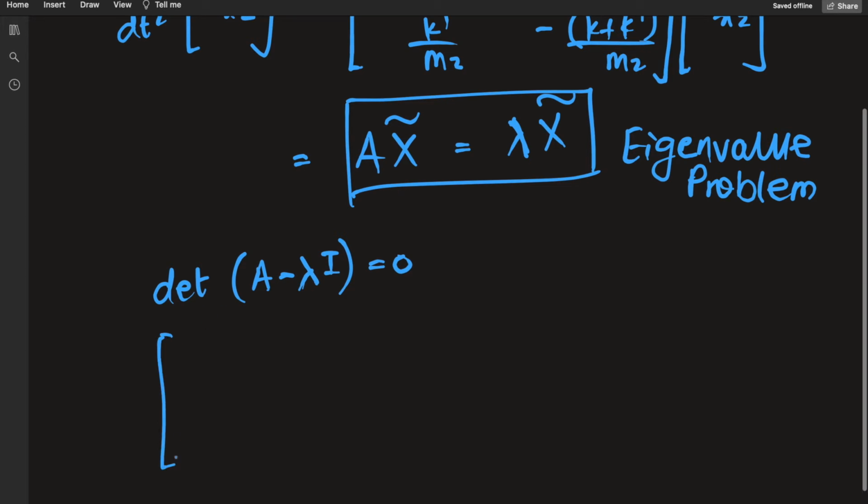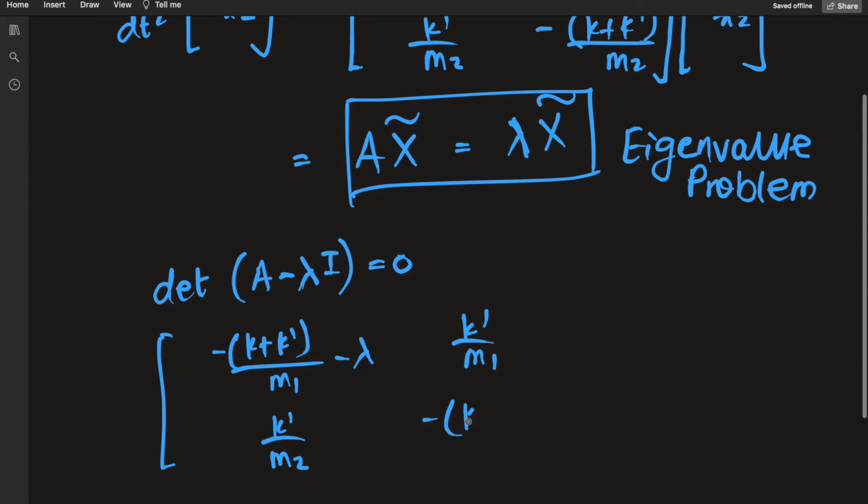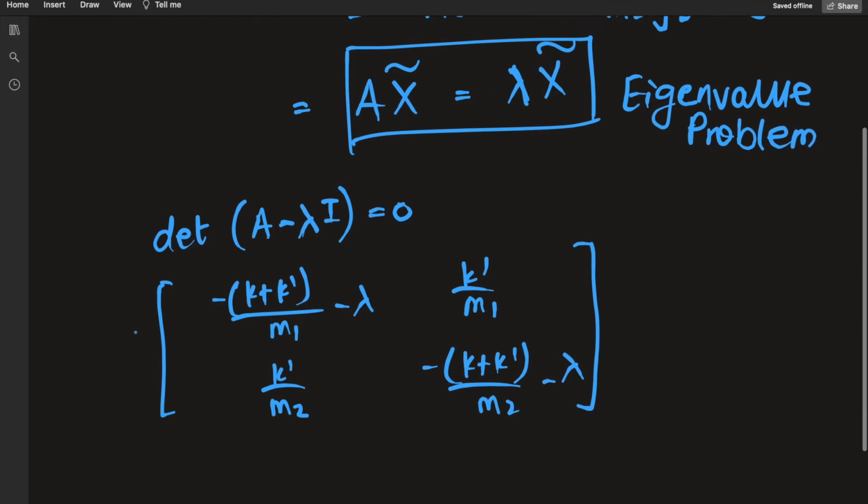When I do that, I have negative (k plus k prime) over m1 minus lambda, k prime over m1, k prime over m2, negative (k plus k prime) over m2 minus lambda, and the determinant of this matrix is set to 0.